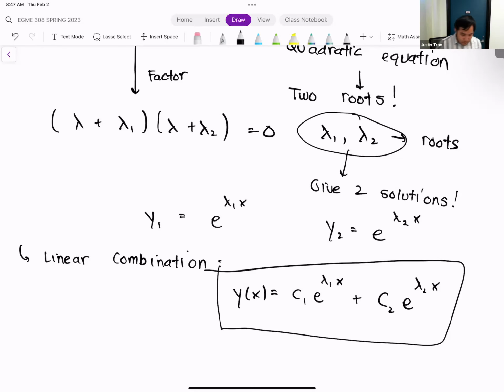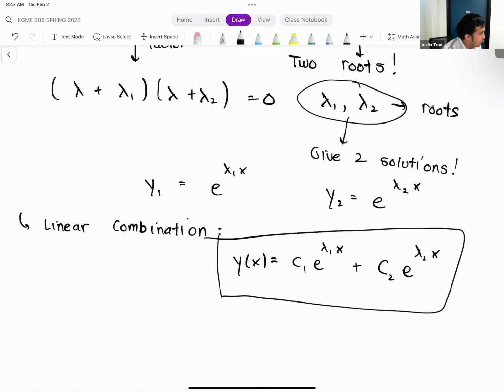All right, so let's get to actually solving some problems now. Now that we have our method, let's go ahead and try it out. The interesting thing about these kinds of problems is that you're going to have 3 different cases based on the roots of the characteristic equation.